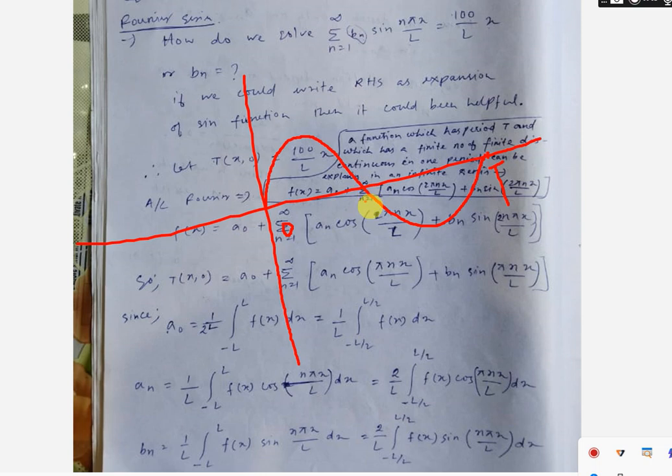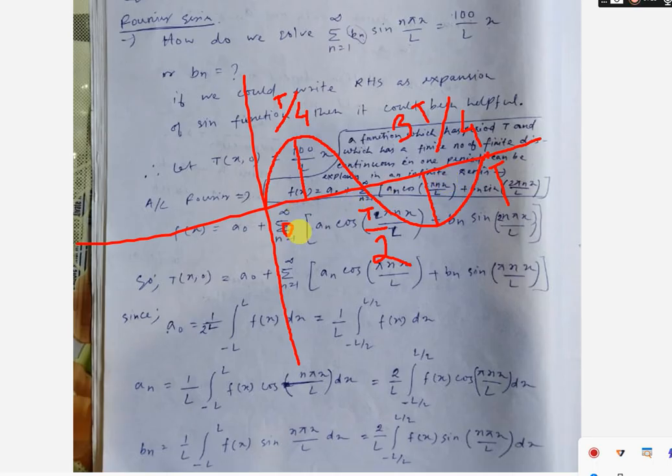So this is T by 2, this is half. Next, it will be T by 4, and this should be 3T by 4, because we are dividing 0 to T into 4 parts.